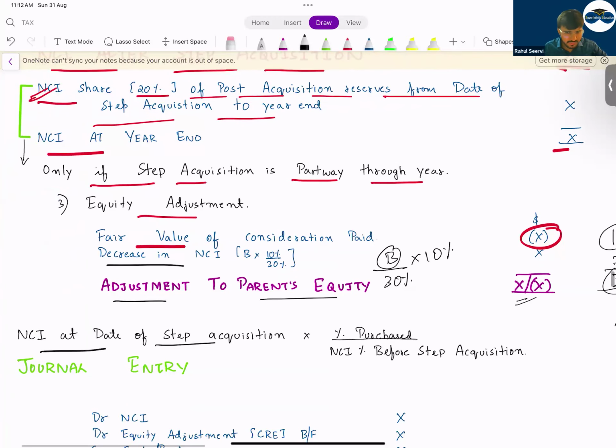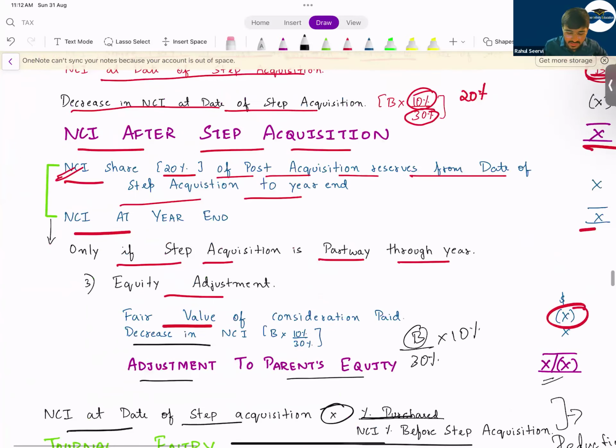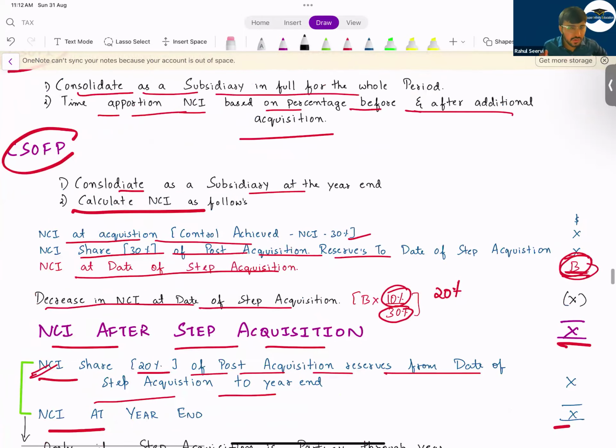So NCI at the date of step acquisition will be how much? Into percentage purchase divided by NCI before step acquisition. This will be what? Reduction in NCI. Now the story which I mentioned to you, whenever a theory question comes, no calculation, write down this. If control to control is there, in that case, already control is achieved.